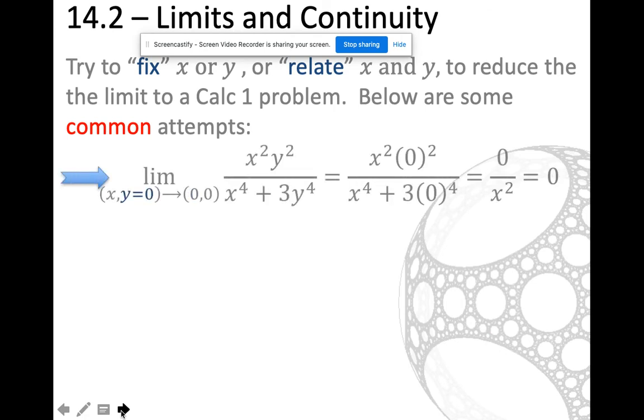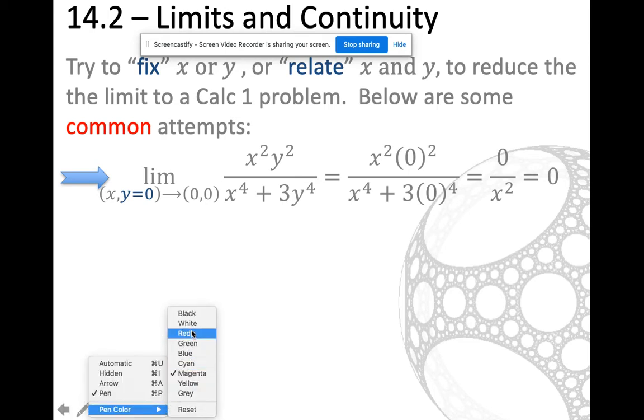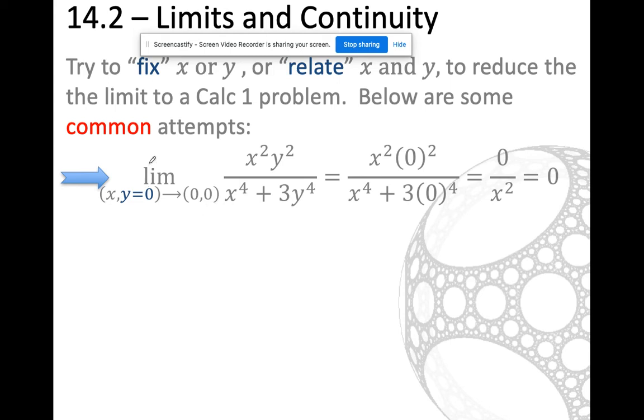So by doing this, I am reducing the problem to a calculus 1 problem, right? Do you see what I've done here? So I'm changing the problem and saying I'm going to look at the limit as x varies, but y is constantly 0 as I approach 0, 0. So I take the original expression and I replace y with 0.